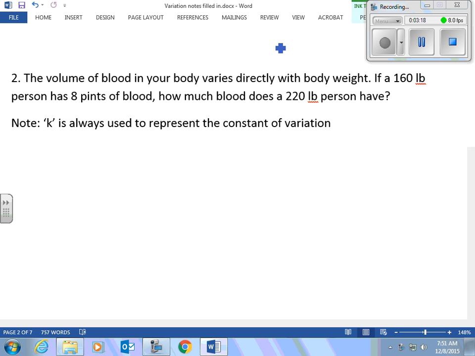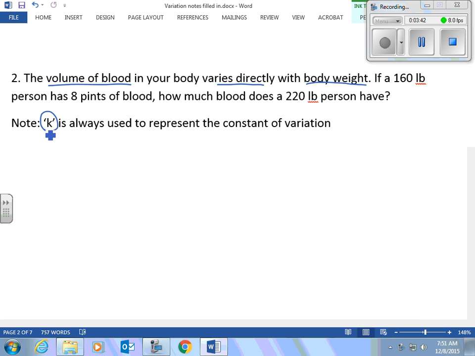So we've got a 160-pound person has 8 pints of blood. How much blood does a 220-pound person have? We're saying the volume of blood varies directly with body weight. So K is always used as the constant of variation. That was the 1.2 in the other situation.